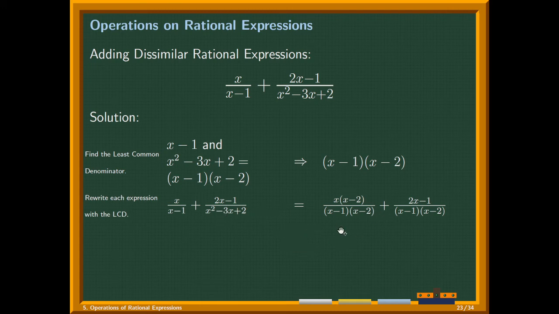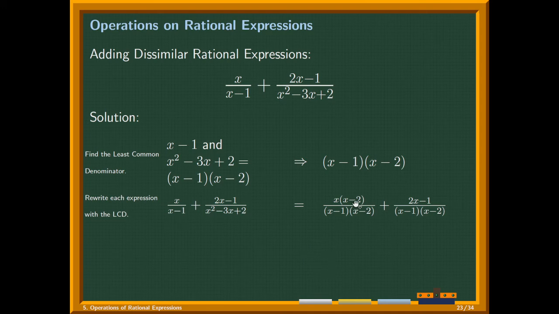Now, after this is to simplify. We apply the distributive property in this expression, x times the quantity of x minus 2. Notice that the expression becomes similar fractions, and they should be equal when simplified.